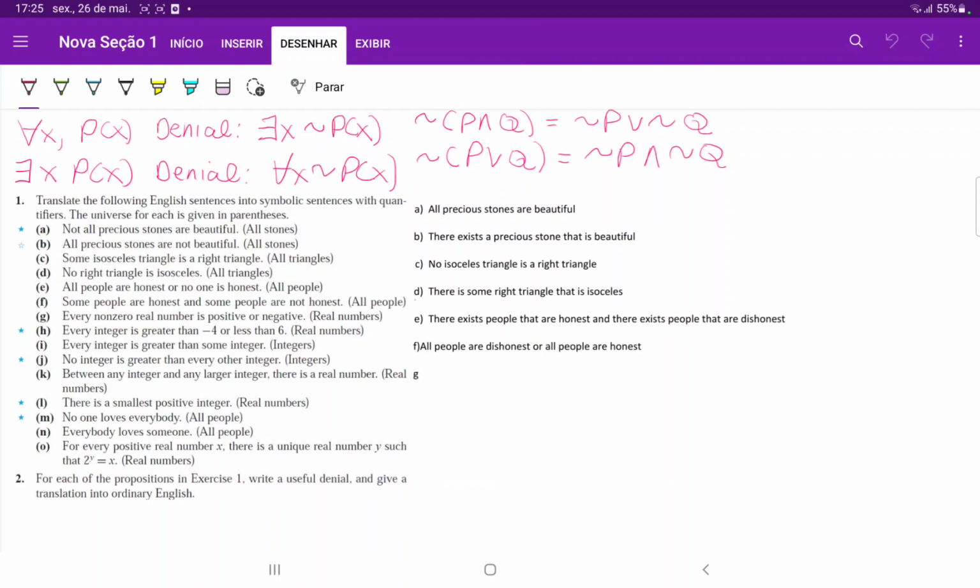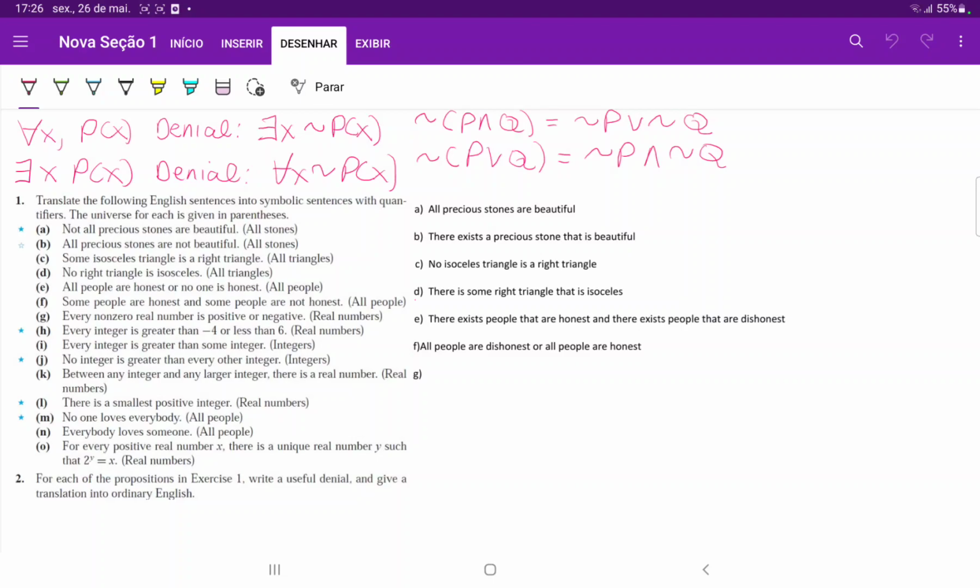What about G? So G, we're having a universal, because we're saying every integer greater than -4 is greater than -4 or less than 6. So because the original had the universal, we're going to use the existential to deny.